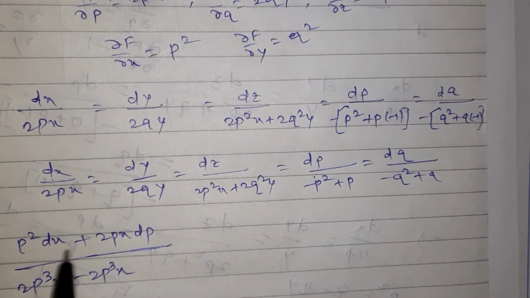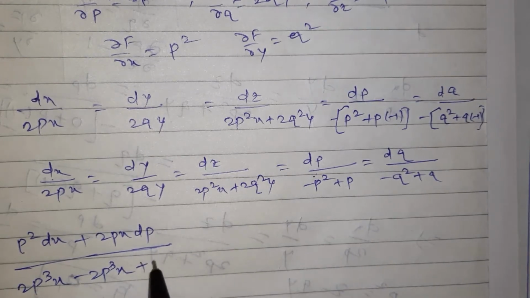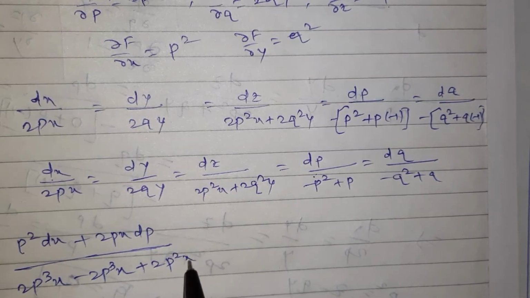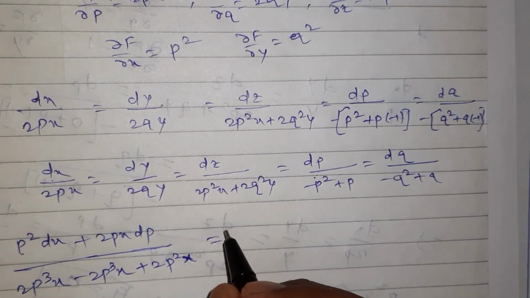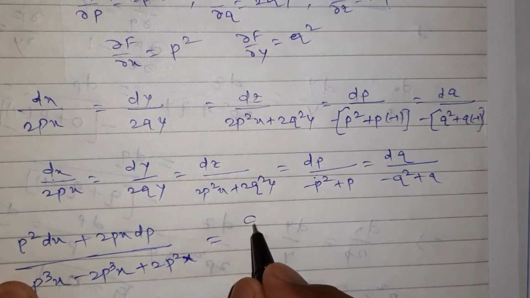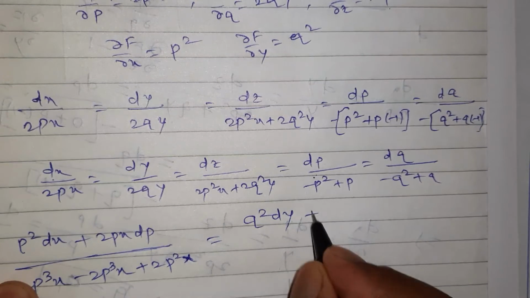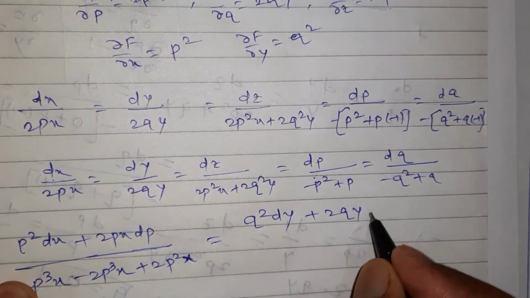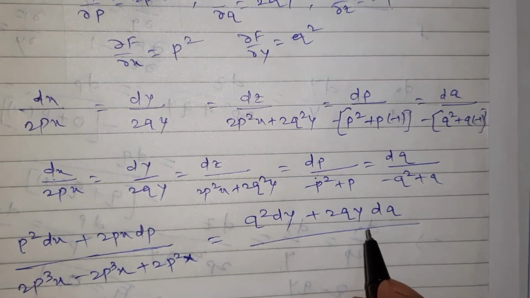For that purpose, I multiplied in this way. Plus 2p square x. Understood? Is equal to, now same way, instead of p, use q. So here q square dy plus 2qy dq. Y and q we just collect. So what I get here?